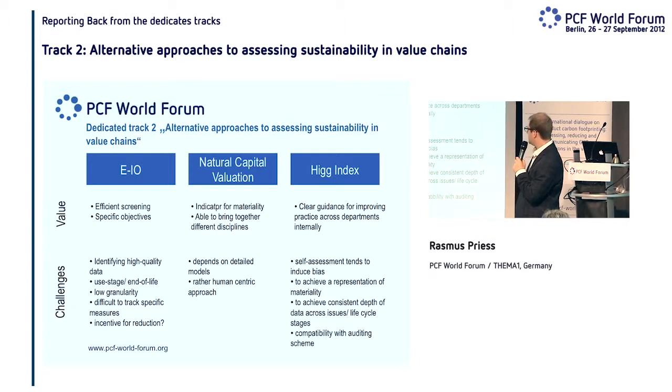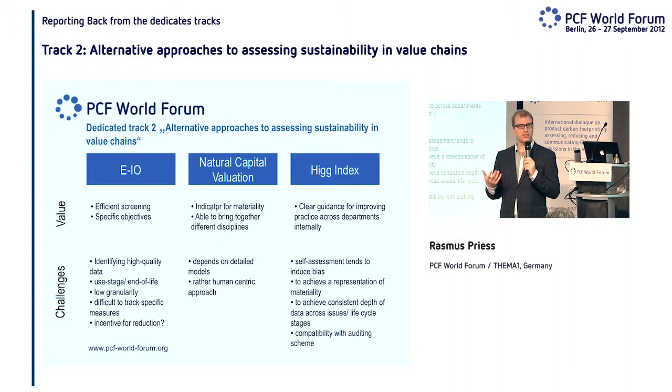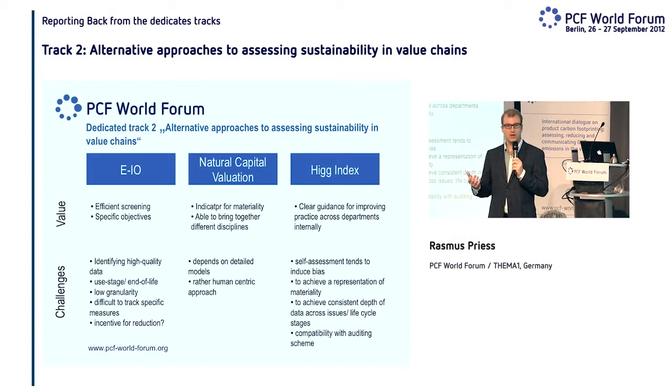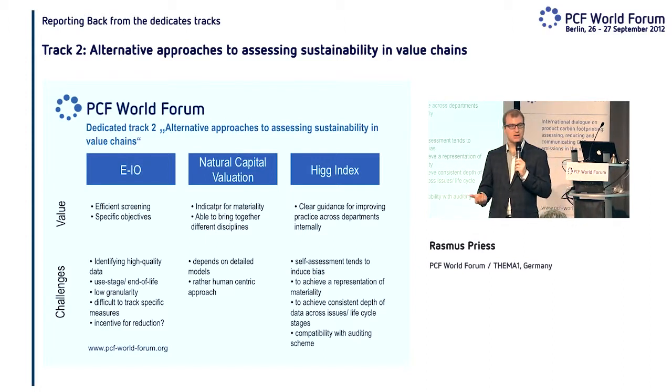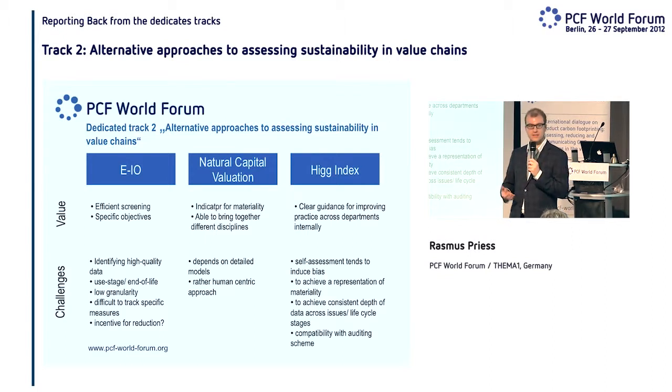The third one was the Higg index, presented by Karin Ekberg, which is, we learned, more like a checklist, integrating all kinds of possibilities and also evidence on the environmental performance of products, in this case in the textile and apparel industry, and thereby provides a quite comprehensive approach to looking at all the possible impacts and options for reduction.